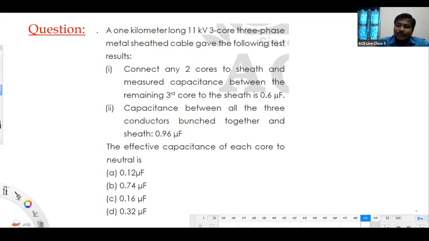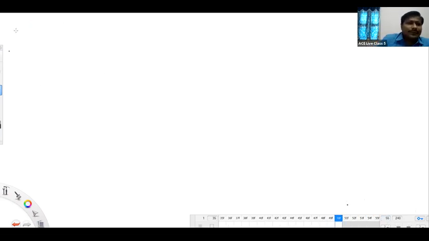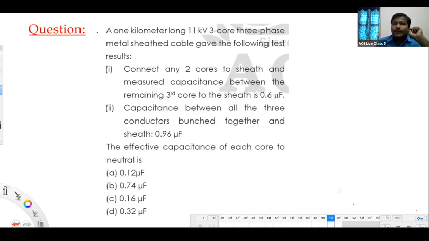What he is interested in finding out is obviously C per phase. So he is asking us to calculate the value of C per phase. To know that value, he has given a set of experiments here, experiment 1 and experiment 2.